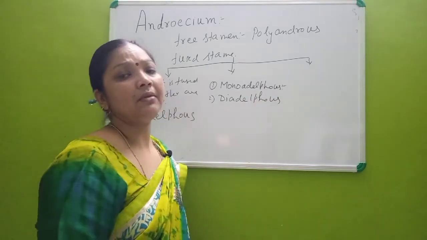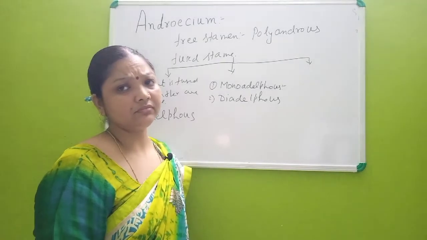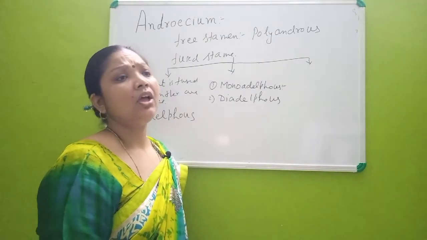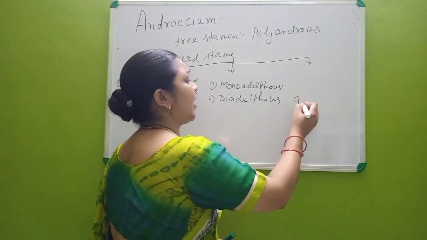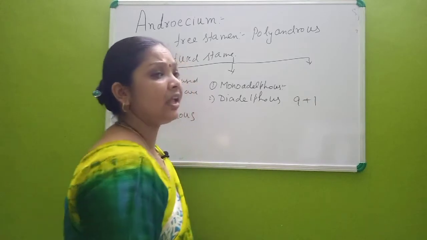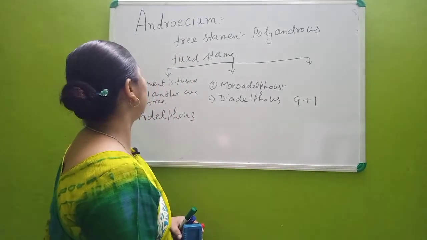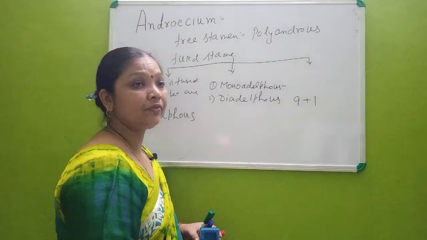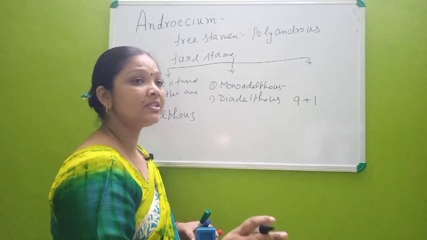The second type of condition is called Diadelphous, and this type is found in the Papilionaceae family, that is in pea etc. In this there is an arrangement of 9 plus 1, meaning the filaments of 9 anthers are fused, where 1 anther's filament remains separate.